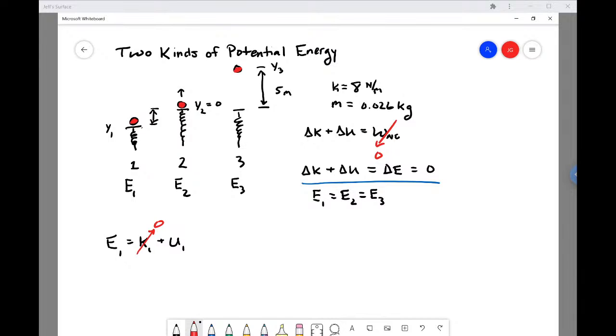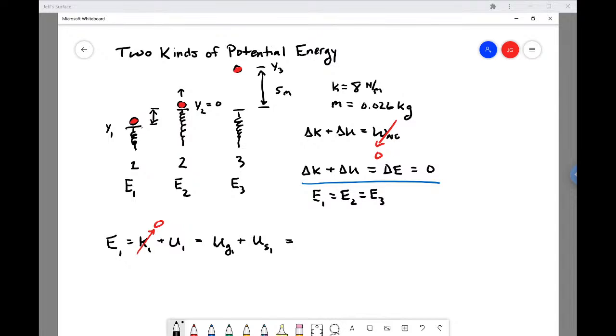What about potential energy? Well, in this case, the potential energy could be gravitational potential energy at point 1 or elastic potential energy. I'll call that S for spring at point 1. And it turns out that because I said y2 is 0, y1 is negative, so that means it has both these types of energy at point 1.